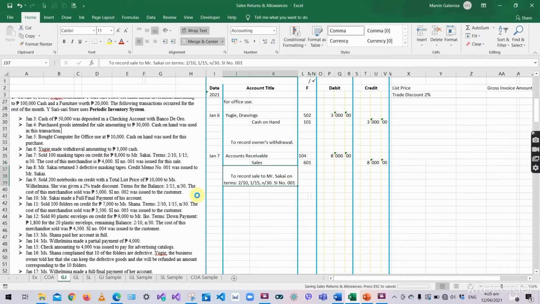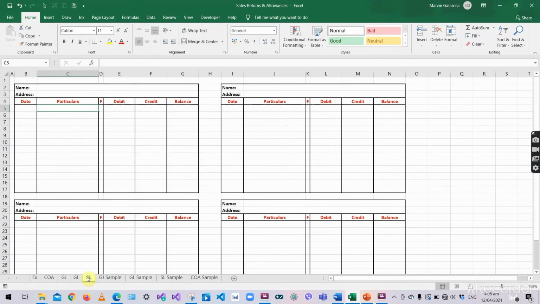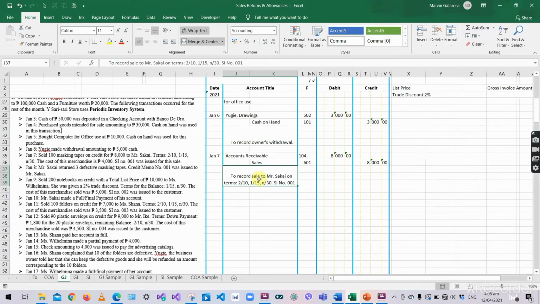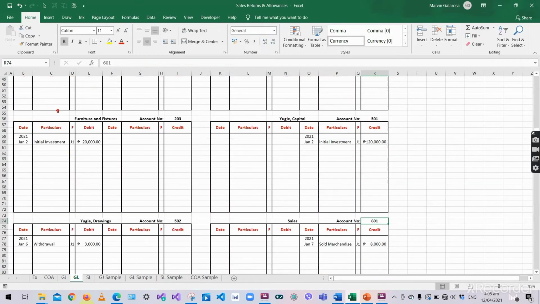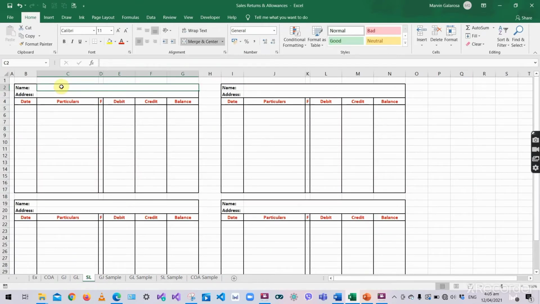Besides sa general ledger, mag-set up din tayo ng subsidiary ledger for Mr. Sakay para sa credit sale sa kanya or sales on account kay Mr. Sakay. So, name ng customer, Mr. Sakay.